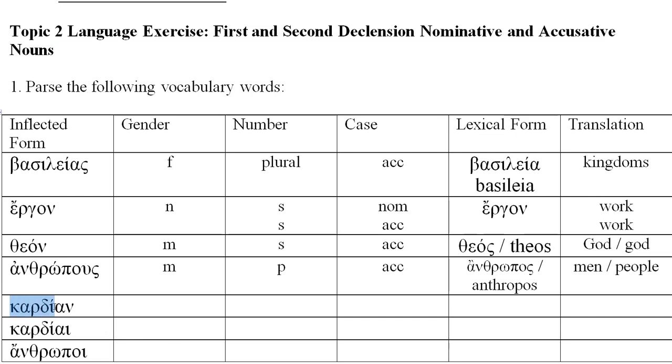You will need to look up cardi in your lexicon, and then note this ending. This is going to be very similar to basileos here. So in terms of its gender and declension, that A in the ending often tells you you're looking at feminine.